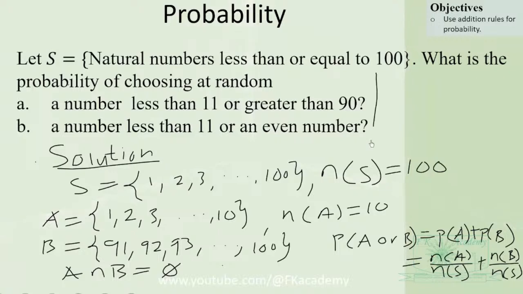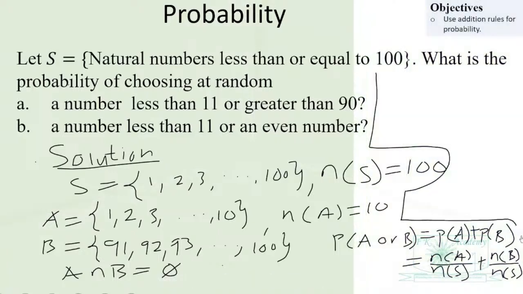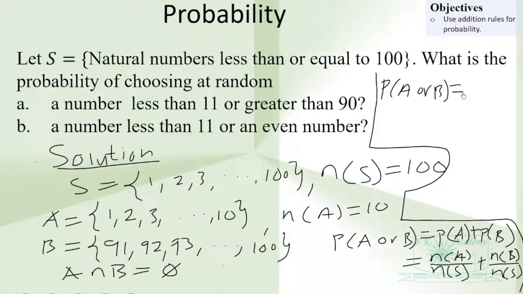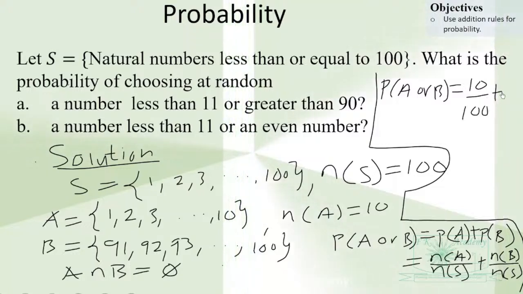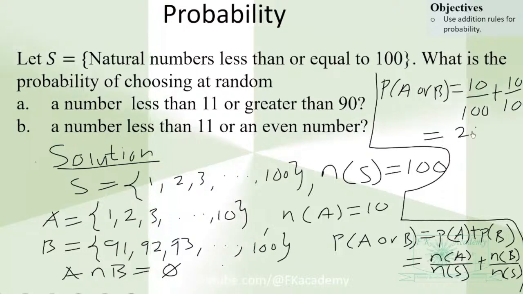So probability of A or B will be equal to number of elements in A is 10 over number of sample space, which is 100. The number of elements in B is also 10, so we have 10 over 100 as well. That will give us 20 over 100, which is equal to 1 over 5.